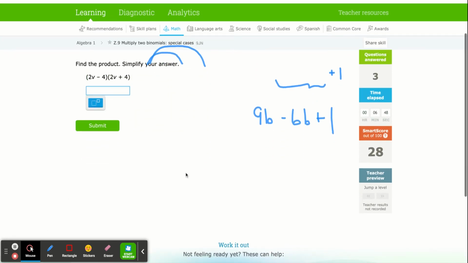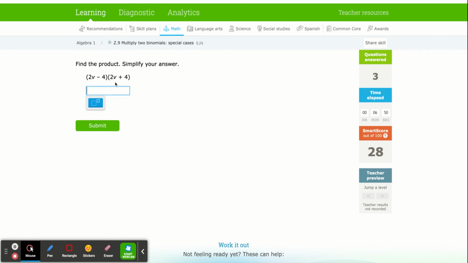So again, be very, very careful as you multiply these that you always write it as 2, so it looks similar to this. Now this is the one where I believe that middle term is going to cancel, but just remember first times first, first times last. So I'm going to get a 4v squared, and I'm going to get a plus 8v.